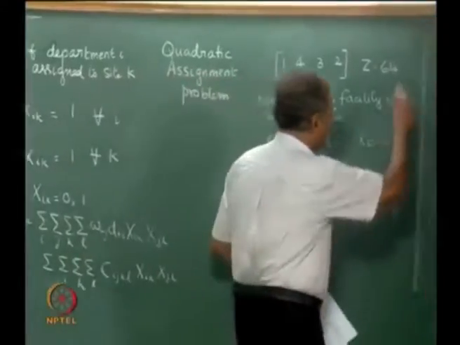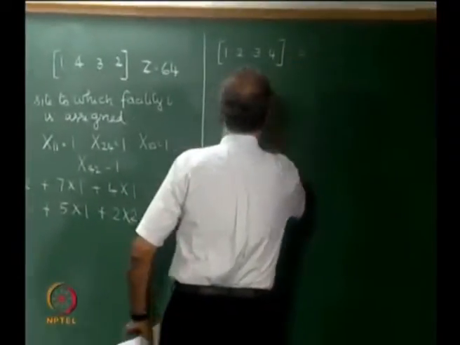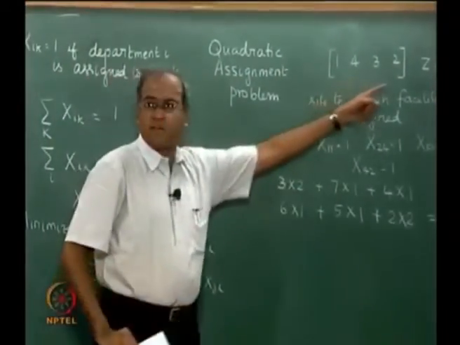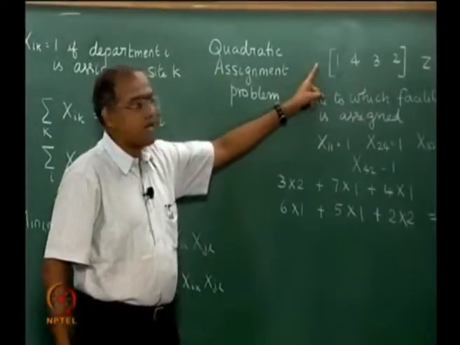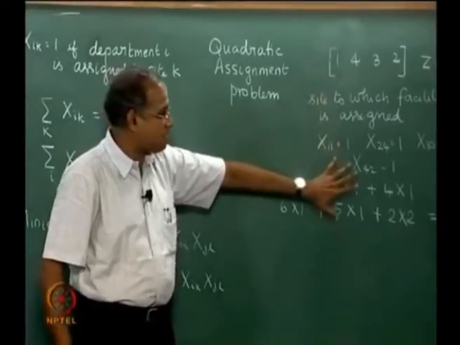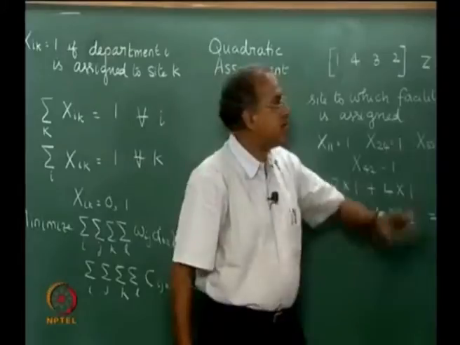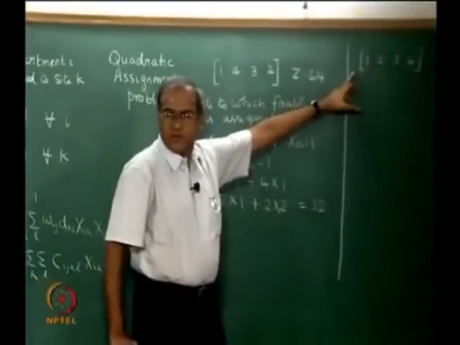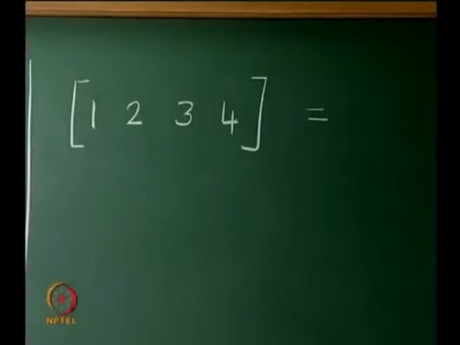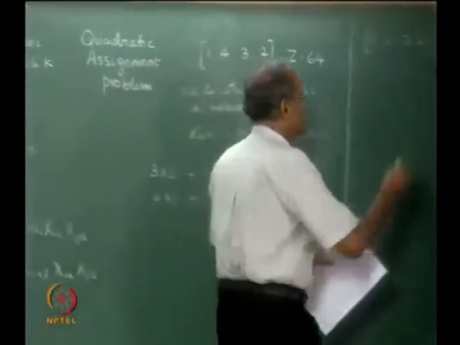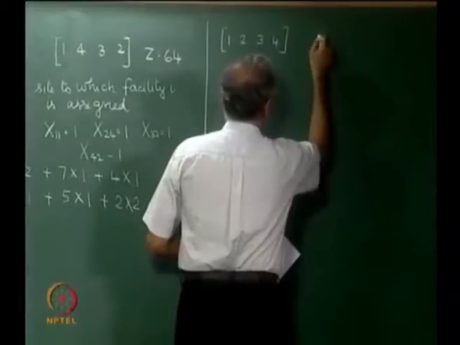So, we could start with the easiest one, which is 1, 2, 3, 4. We have already explained how to calculate the objective function value given a vector like this, so we can follow the same computation if we start with 1, 2, 3, 4, which is the most intuitive solution to begin with. So, this gives us z equal to 78.